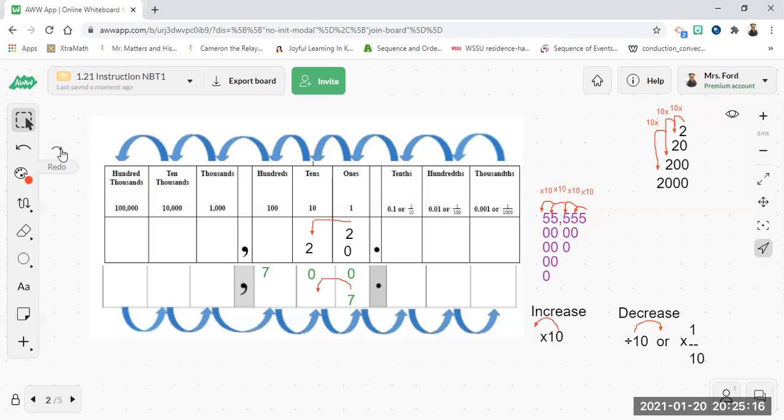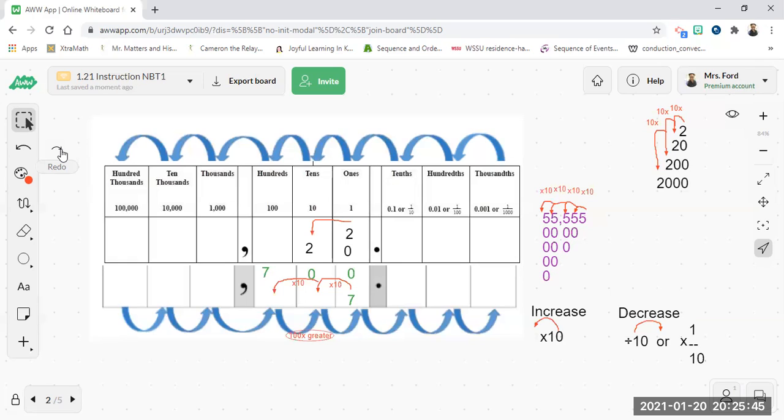I can jump to the tens place and I'm increasing 10 times, and jump to my hundreds place. Of course, I'm increasing how many times? 10 times. And when I combine those numbers, 10 times 10 will give us 100.